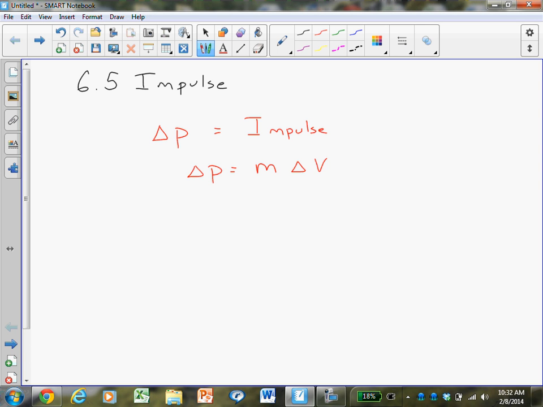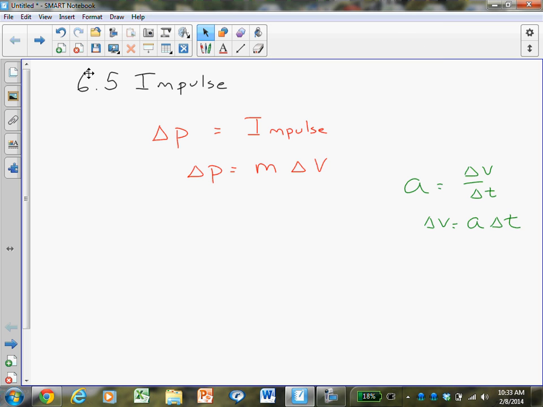But if we remember that our acceleration is change in v over change in time, then change in v is also a delta t. So we could resubstitute that back in over here. So we would have m, but instead of delta v, we can just write a delta t.